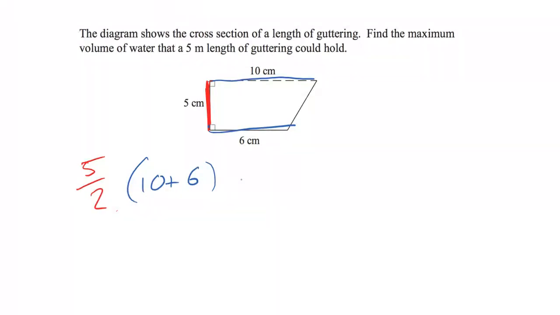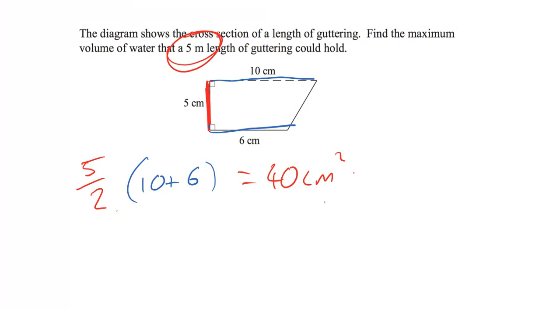So if I work that out, 10 plus 6 is 16 times 5 and then divide by 2. I'm going to get 40 centimeters squared. But I'm told that I have 5 meters of this and I want to know the volume that will fit into that. So of course, I need to multiply it by 5 meters.